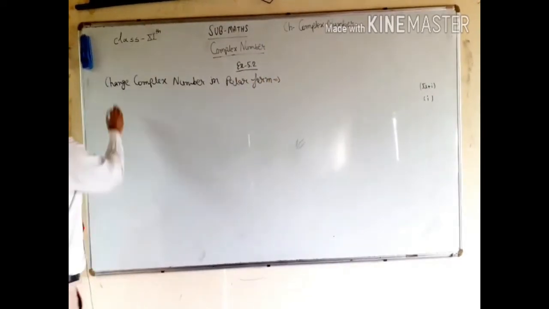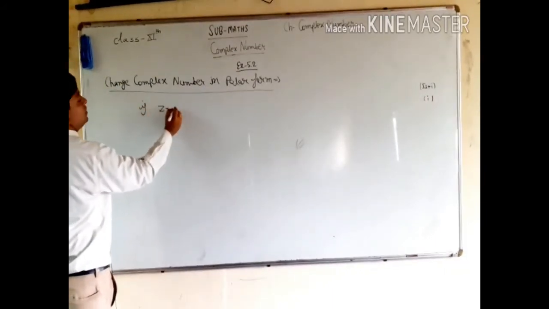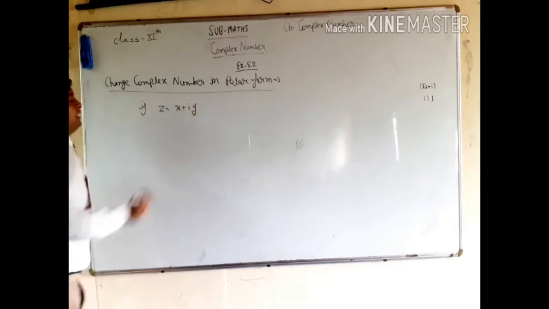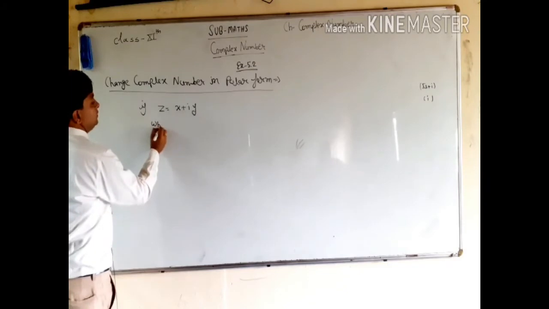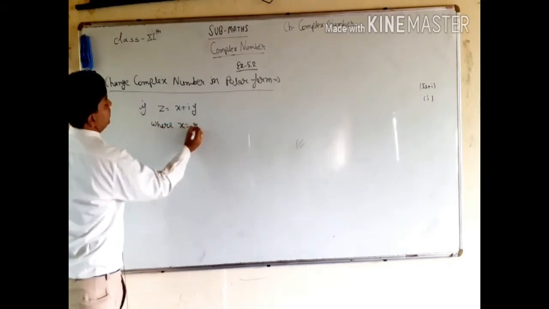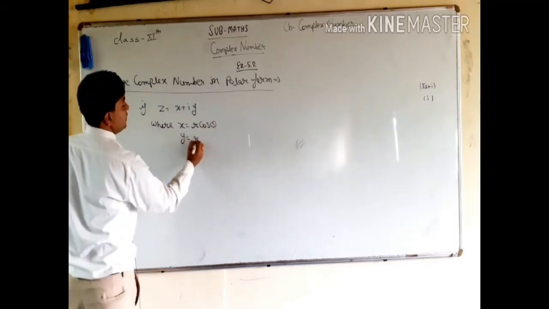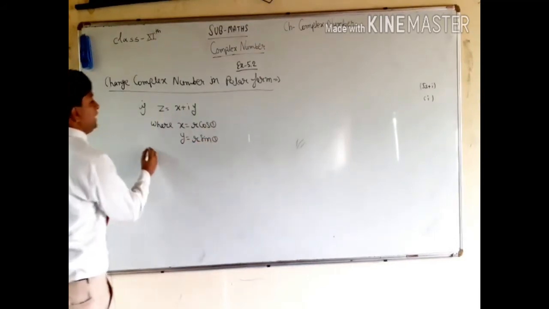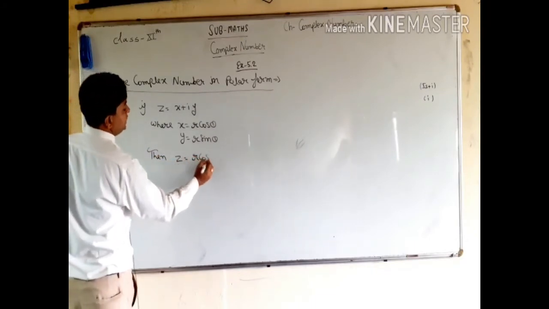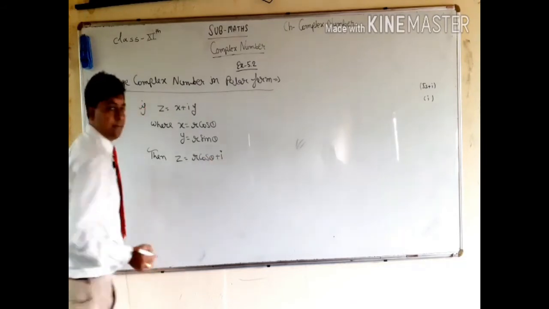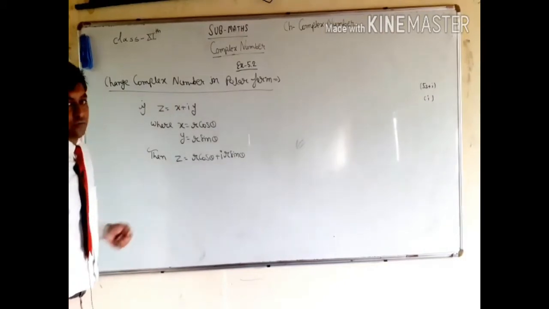We know that if z equal to x plus iota y is the complex number where x equal to r cos theta and y equal to r sin theta, then z equal to r cos theta plus iota r sin theta is called polar form.